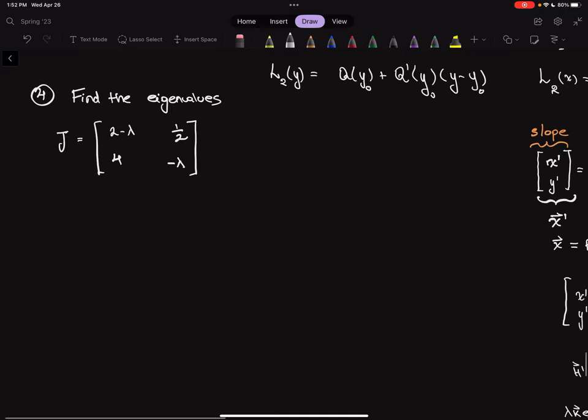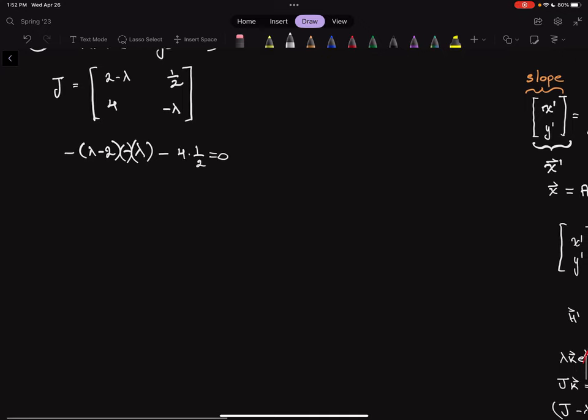And then we do the determinant is equal to 0. So 2 minus lambda, and I can factor out a negative sign, so minus lambda minus 2, and minus lambda, minus, and this is just a negative 1, and this is minus 4 times 1/2. All of that has to be equal to 0.